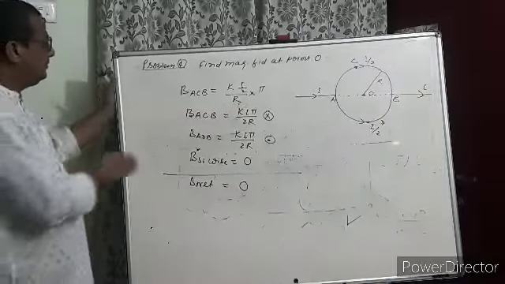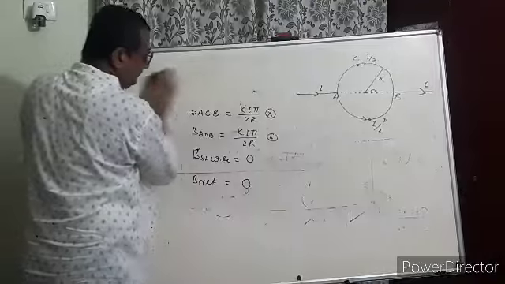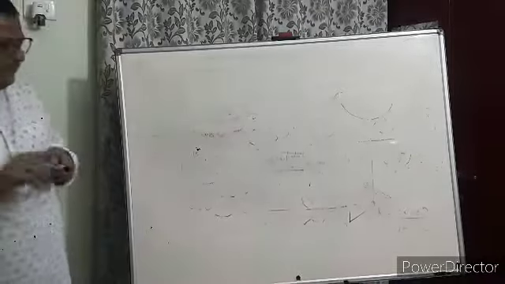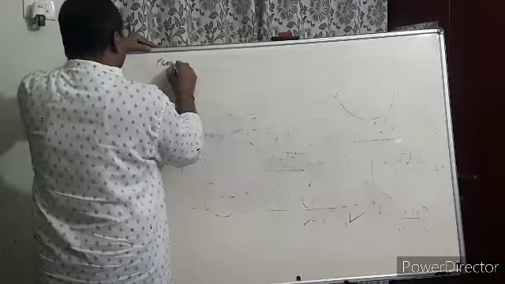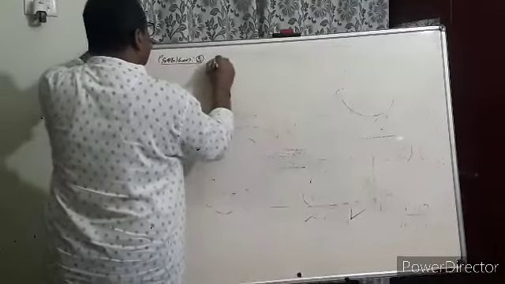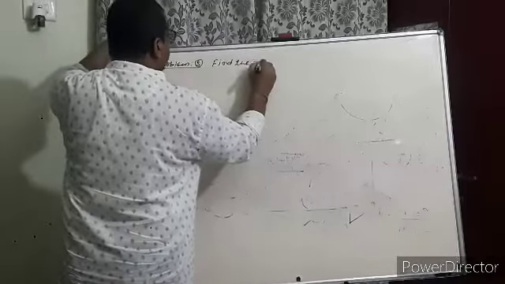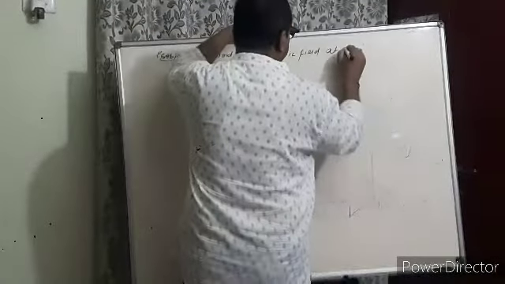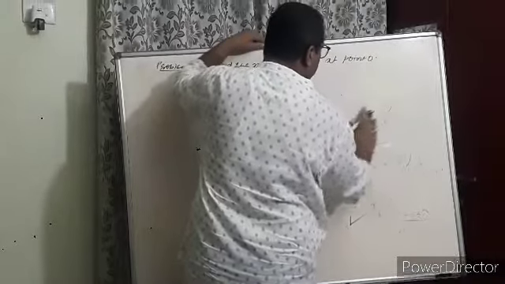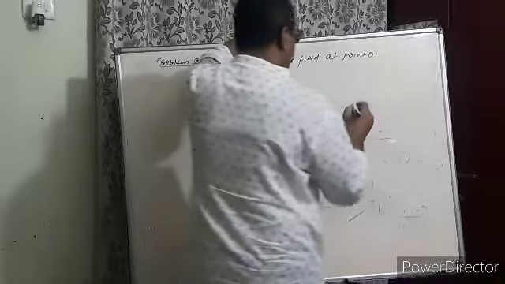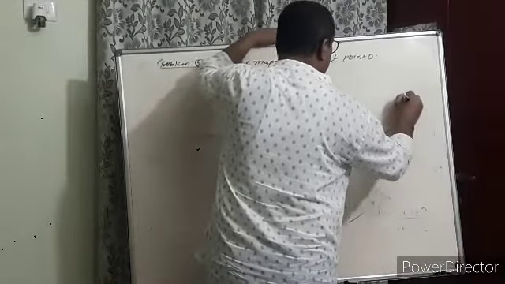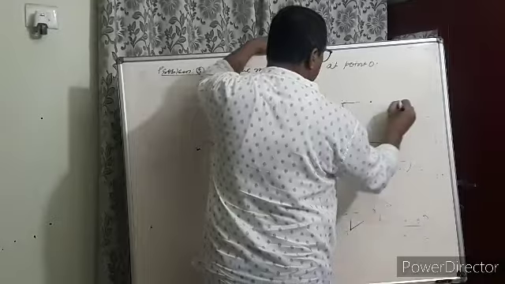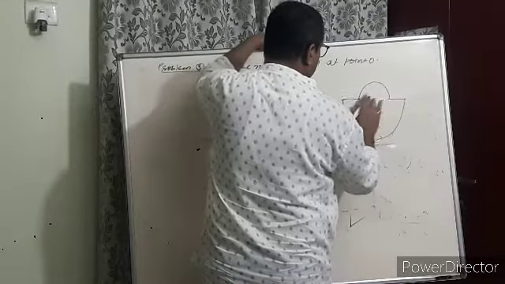Now see the next question, problem 5. Find the magnetic field at point O. Here, this is the O point.